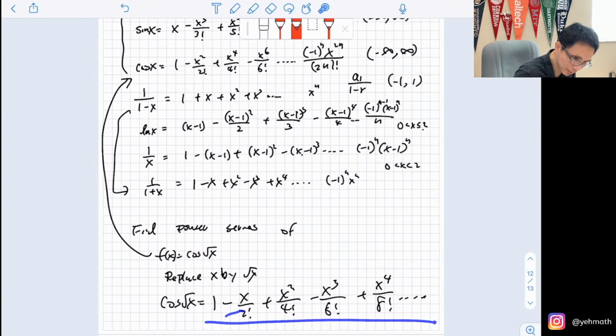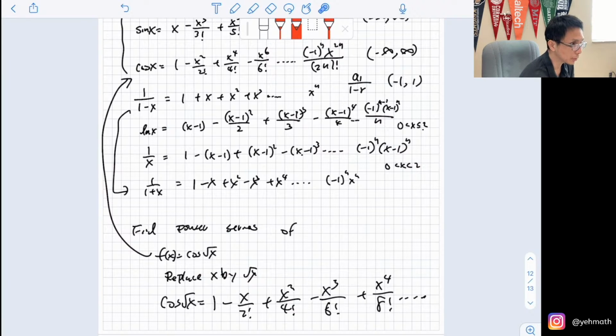And now it's x, x squared, x cubed, so now it's just going up by 1 instead of 2. It's basically undoing the 2x.